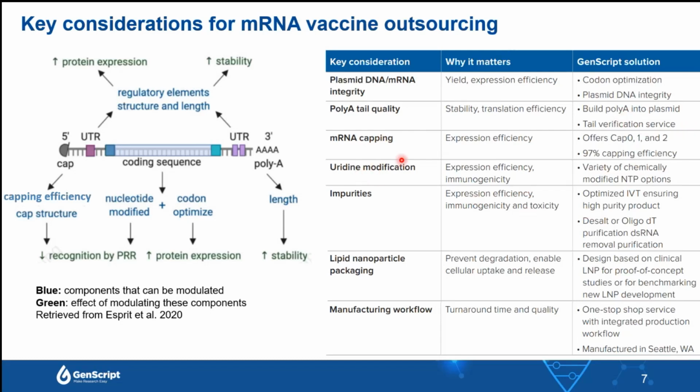And for mRNA capping, we offer 3 capping types and provide 97% capping efficiency. And for the uridine modification, we also provide different options. And for impurity, we optimize our production process; usually the way for purification is oligo dT.